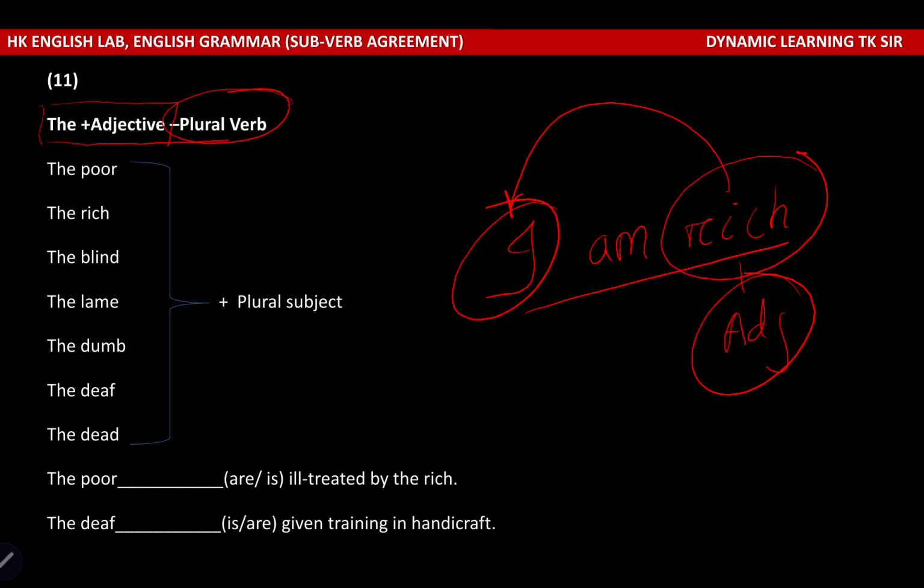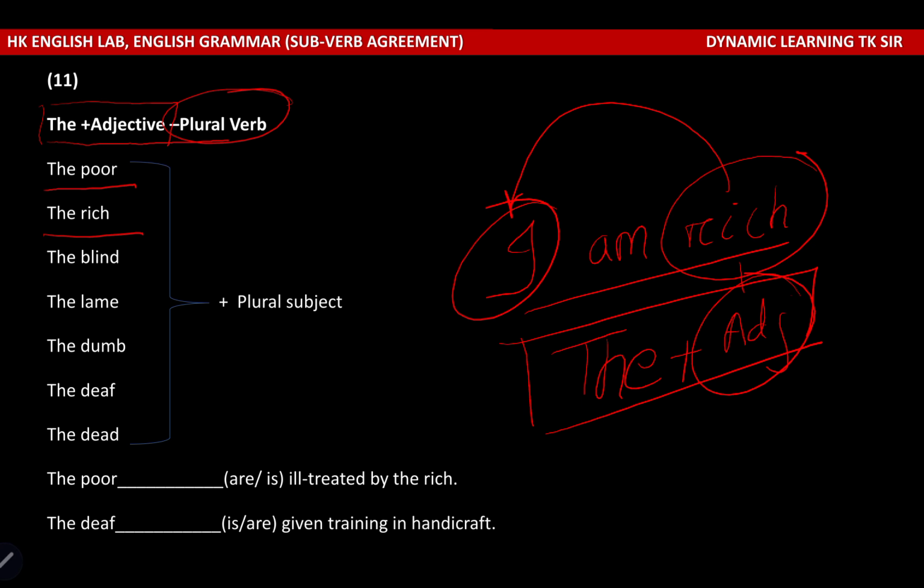So when this adjective with the becomes the subject of any sentence, like here, the poor, the rich, the blind, the lame, the dumb, the deaf, the dead. When we talk about the rich, it means all the rich people. When we say the poor, it means all the poor people.